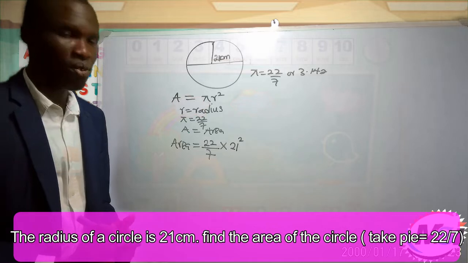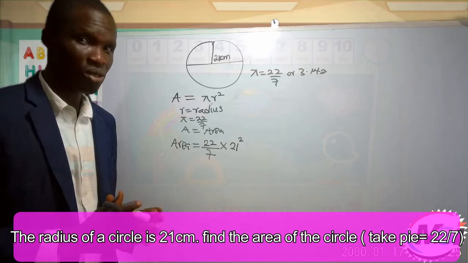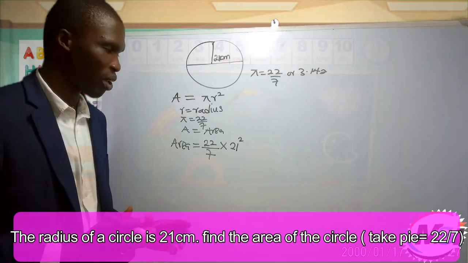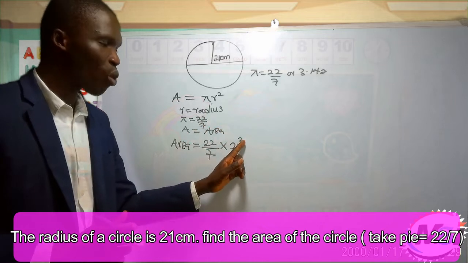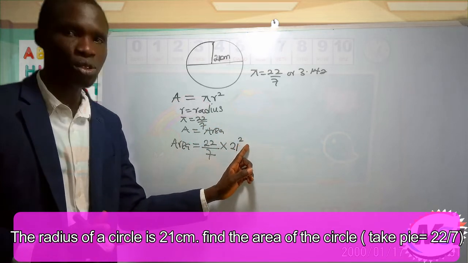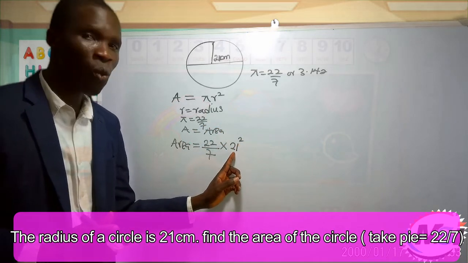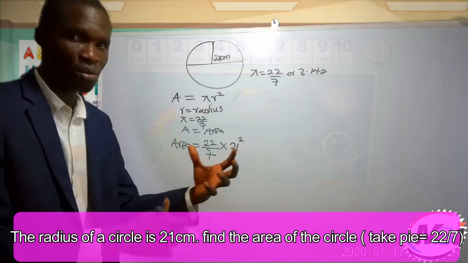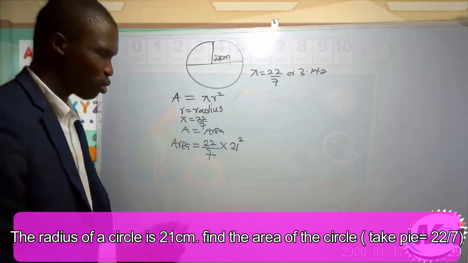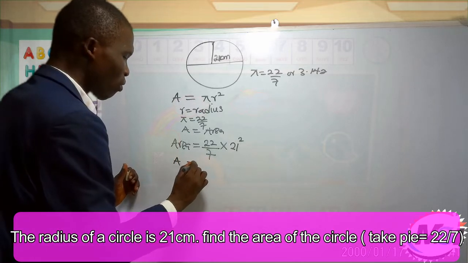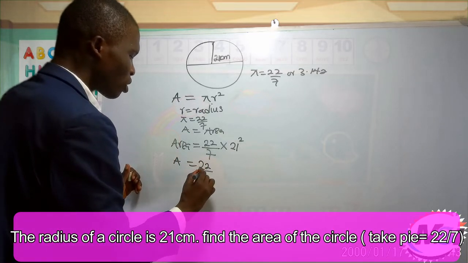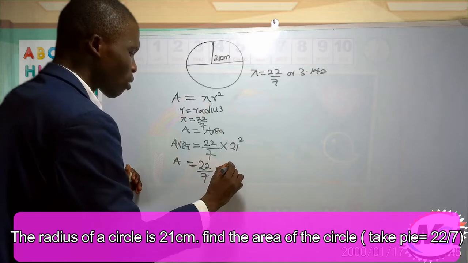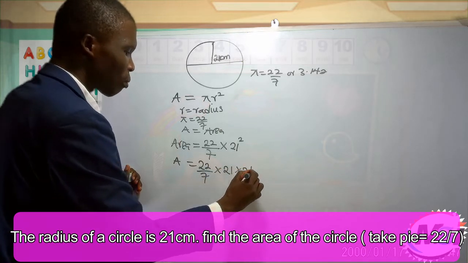Now you need to be very careful here. This 21 squared is not 21 times 2. It's 21 in two places, which will give us 21 times 21. So don't get confused with that. So area will give us 22 all over 7 times 21 times 21.